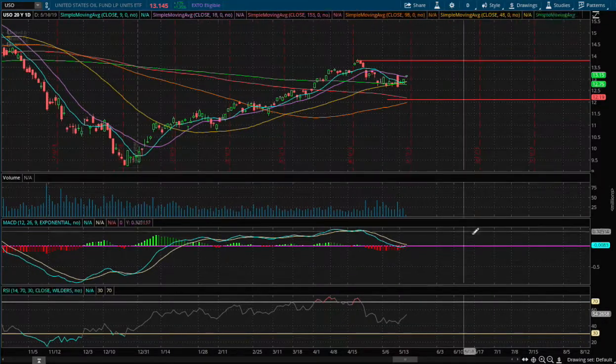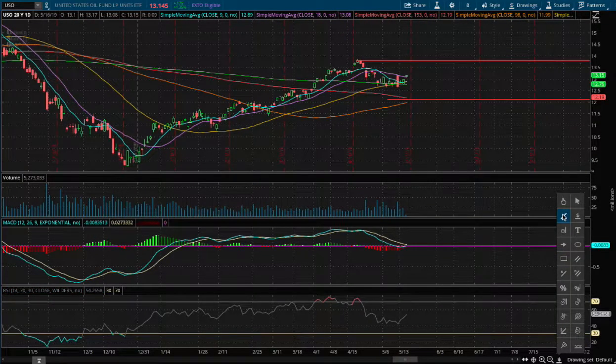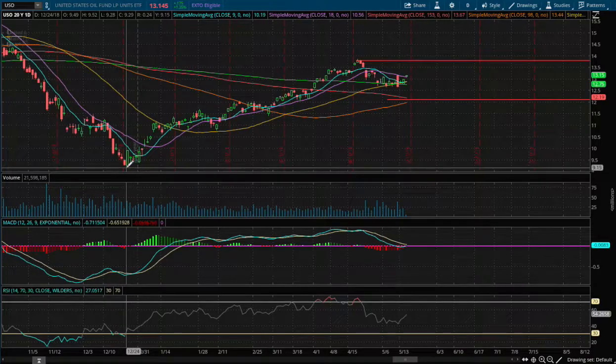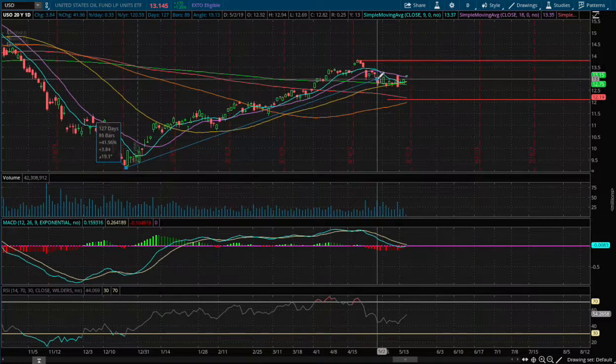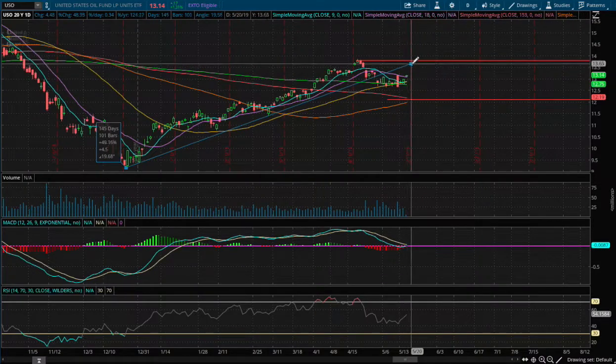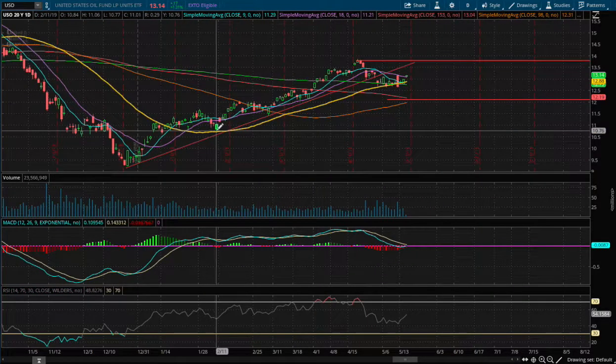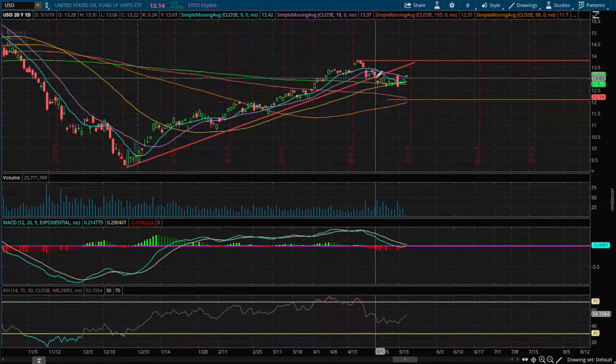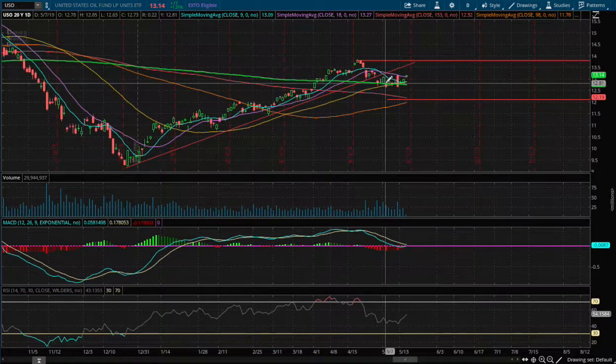But as you also notice, if we make this an uptrend, you start to notice that we broke down the uptrend right here. So we found support here, here, and then we closed right below it.